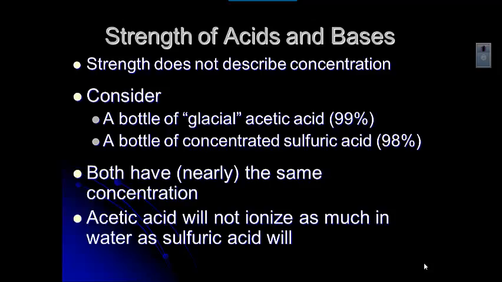But acetic acid won't ionize nearly as much in water as sulfuric acid will, and that's because acetic acid is a weak acid. But if you notice, its concentration is actually greater. They just behave differently because acetic acid does not dissociate completely in water. Don't confuse these. Strength is completely independent of concentration.